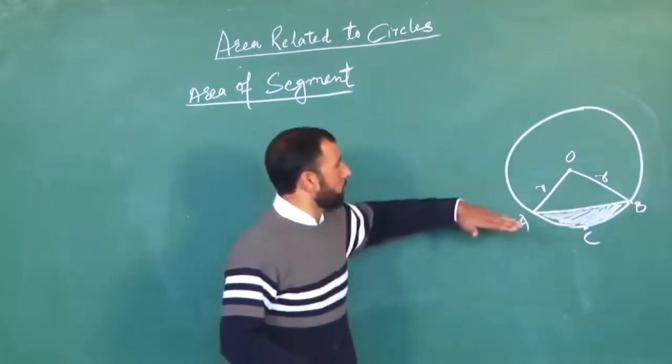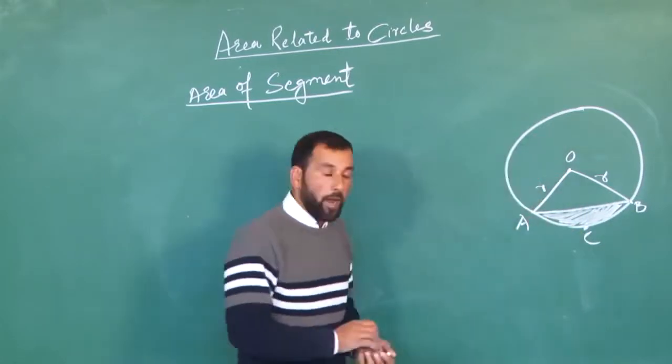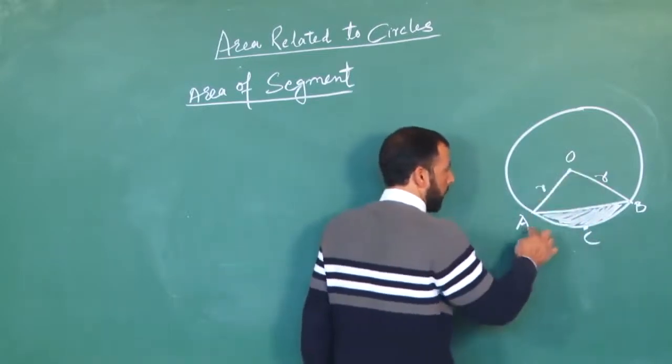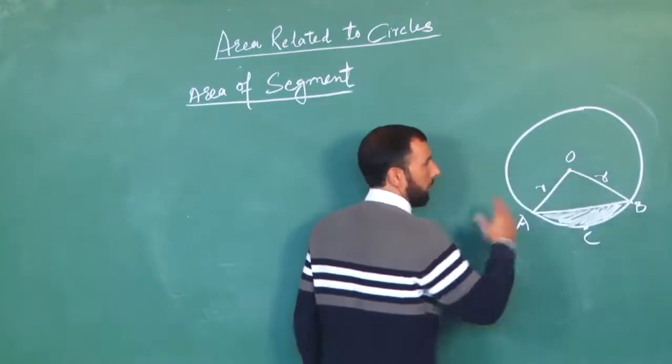Clearly, we have to find the area of this ACB. By observing the figure, we can find the area of ACB as the area of the complete sector OACB minus the area of this triangle.